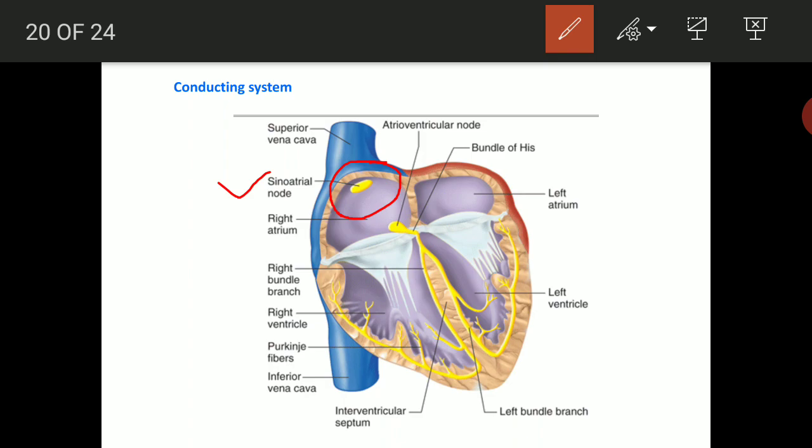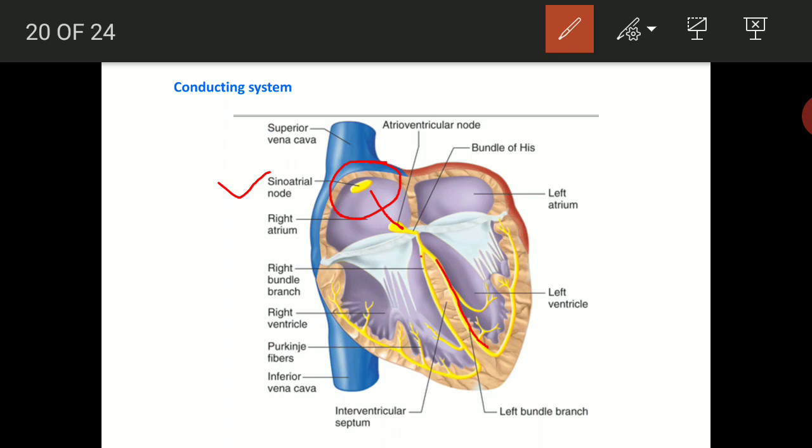From this pacemaker, or SA node, there is a passage to another node which is present at the fibrous tissue at the AV junction, the atrioventricular node. So between the junction of atrium and ventricle there is a node, the AV node. This is connected, and from here there is a bundle which is called the bundle of His, and it is divided again into two branches, left bundle branch and right bundle branch.